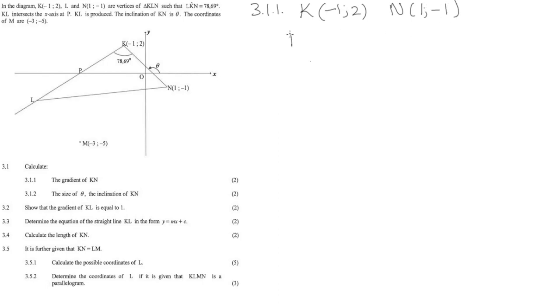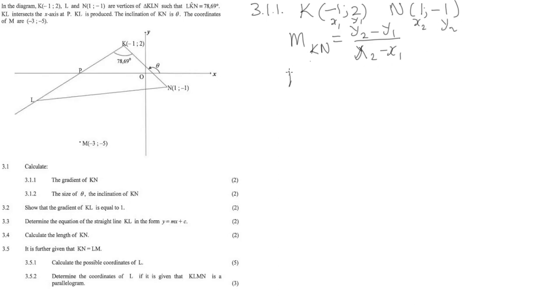Now they say gradient of KN, so you write down the formula: y2 minus y1 over x2 minus x1. Now you look at this. This will be your x1, y1, x2, y2.